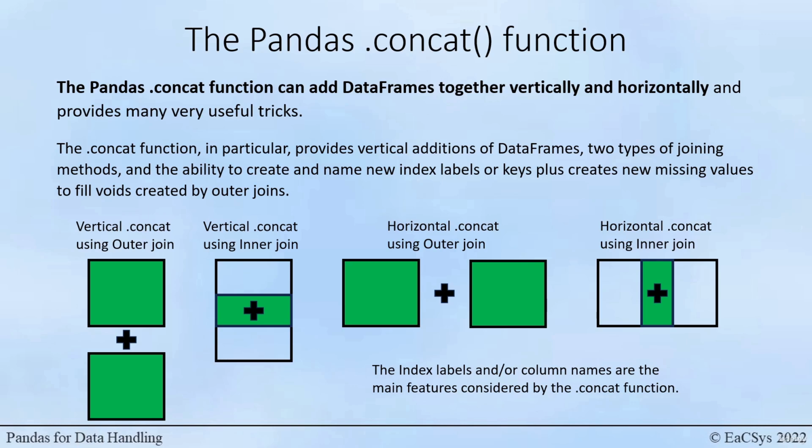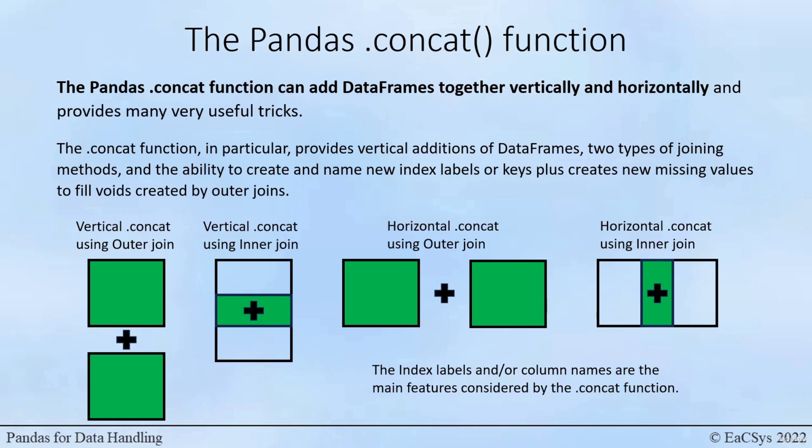And now we're going to talk more specifically about the Pandas concat function. The concat function can add data frames together vertically and horizontally. Vertical concatenation is the default mode, and the concat function accepts two or more data frames as arguments, or even collections of data frames as its argument.